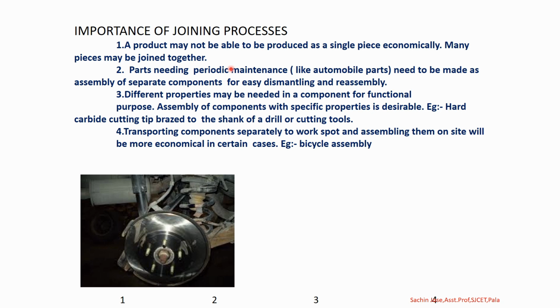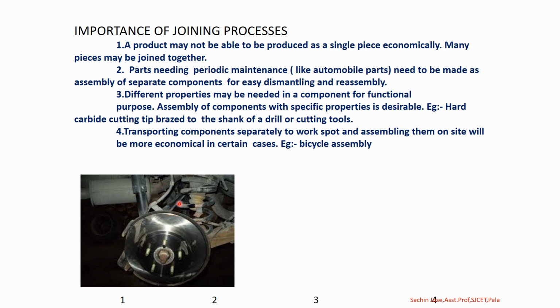But if you produce it by producing different components and joining them together, it will be more economical, the task will be much simpler, and the product will have much more functionality and aesthetics.